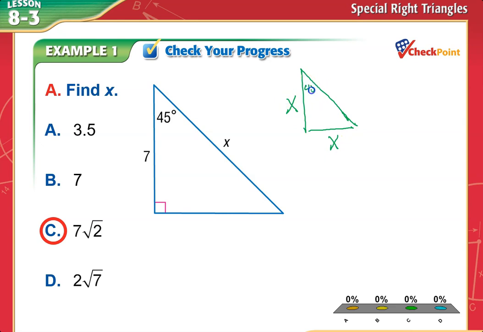As long as this was a 45-45-90 right triangle, this is always x root 2. So in this case, since our x is already known to be 7, the hypotenuse length is just x times root 2, or 7 times root 2.